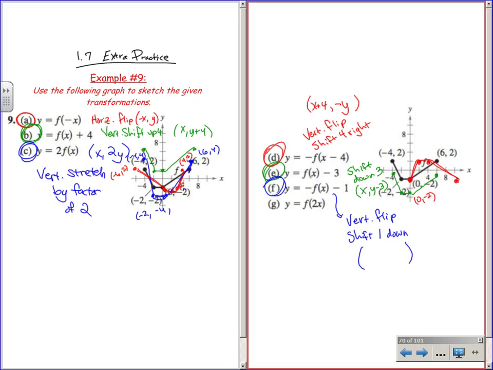Let me pause and you guys try to make the representative point. Not that that's going to be a test question, but it might help some of you. Having a little pattern. What pattern would you put for a vertical flip and shifting down 1?